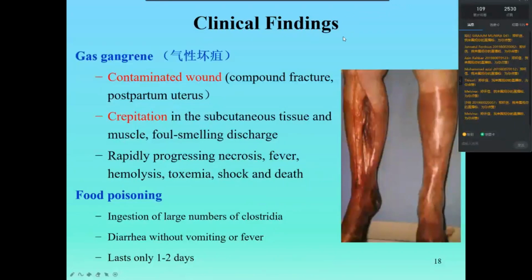Clinical findings. There are two types of infection. One is called gas gangrene, like this. This is the tissue recovered from gas gangrene. You can see the large area of damage in the human tissue, and it's deep in the tissue. They can contaminate the wound and cause infection in the deep side of the wound.